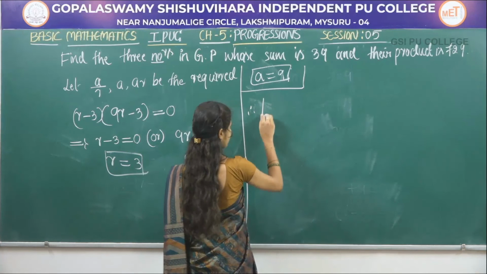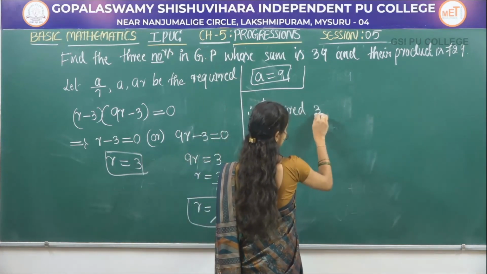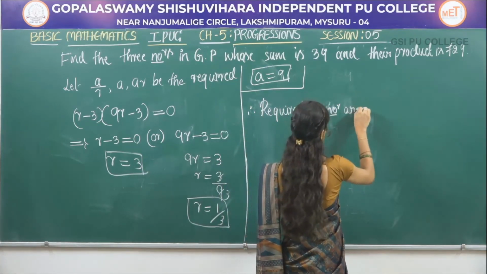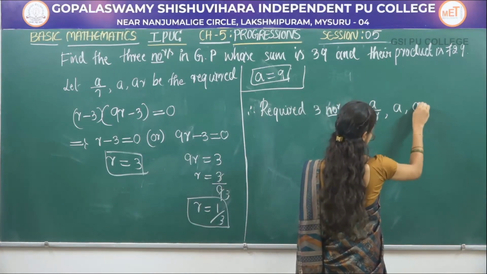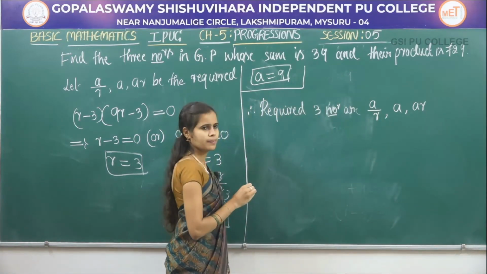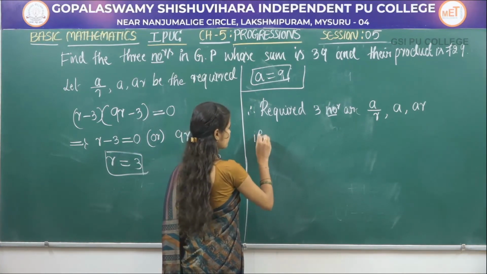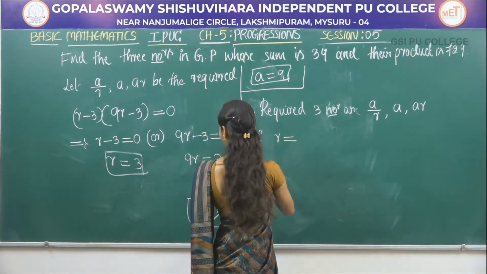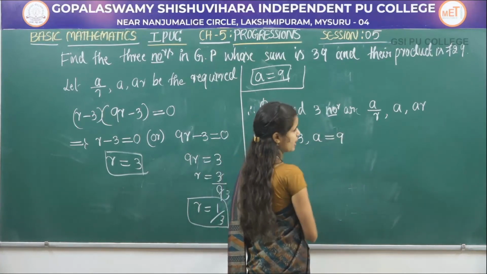Therefore, the required 3 numbers in GP are A by R, A, A into R. First consider R is equal to 3, A is equal to 9.